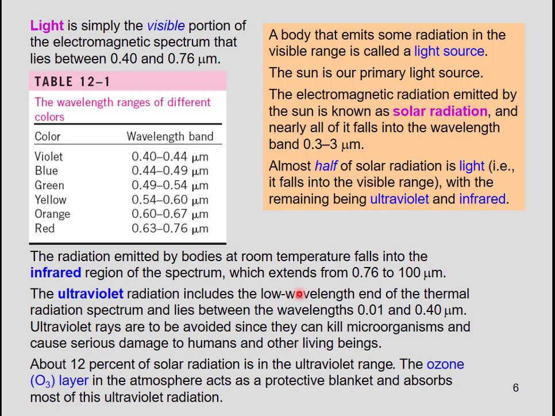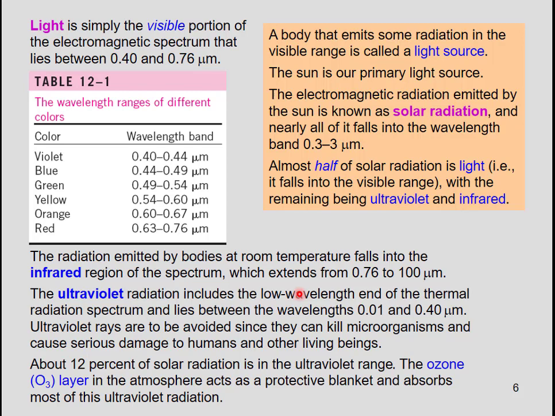So this ultraviolet, we will see later how much. The sunlight, actually what we call sunlight, consists of different kinds of electromagnetic waves. One of them is this ultraviolet, and you will see how much of that is ultraviolet and how effective it is.